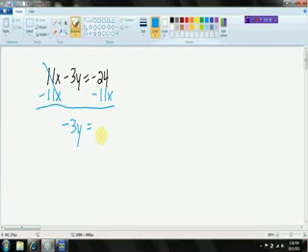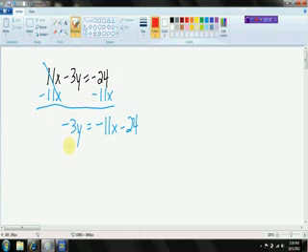They're not like terms. So I'm just going to rewrite this as negative 11x minus 24. I'm going to put the term with the x first because we're trying to get this in slope-intercept form, y equals mx plus b at the end. So the x comes before the y-intercept.